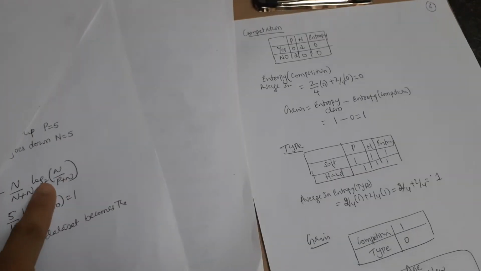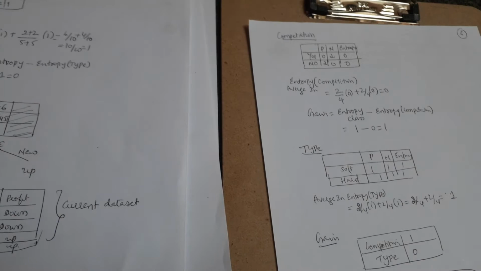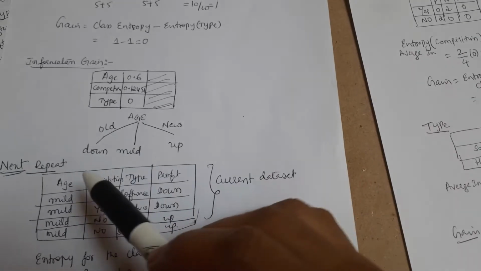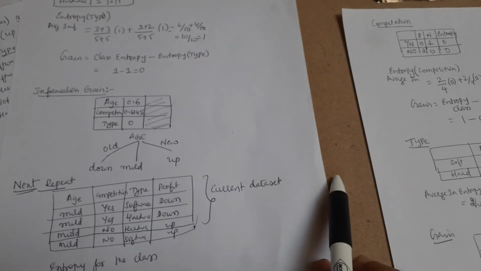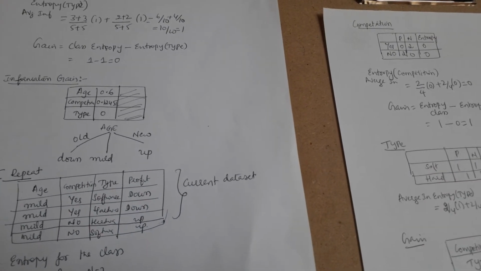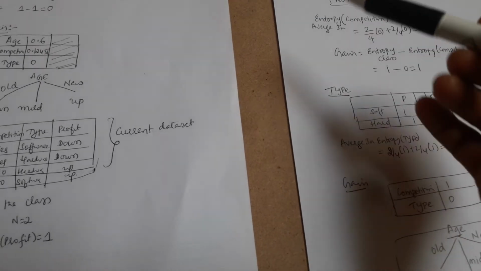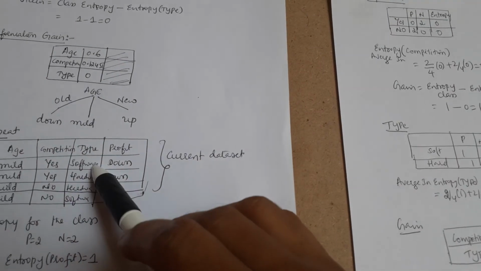Next, after calculating the entropy of the whole class, for every attribute you have to go on calculating the entropy and the average information entropy. Here you have to calculate for the attributes remaining for us, computation as well as type.